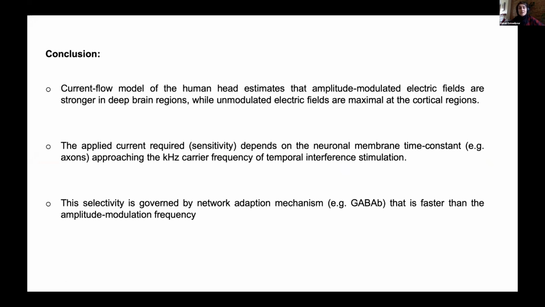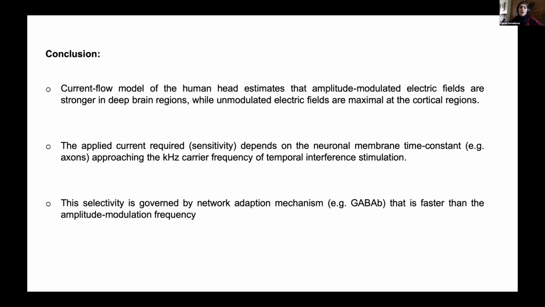And also the sensitivity, meaning how much current you need to use on the scalp in order to produce a significantly modulated oscillation in the deep brain region, depends on the network time constant. So if the network is in a highly conductive state, it would need less current to produce the same effect.